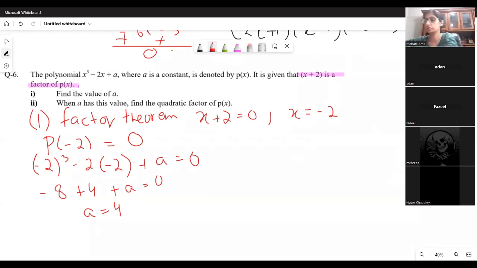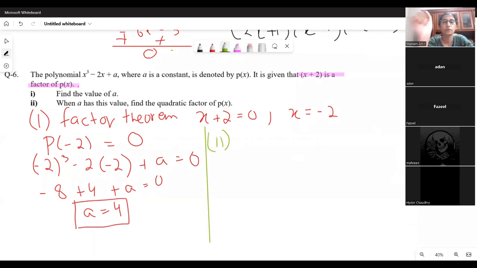a equals 4, yeah. Okay, part 2. When a has this value, find the quadratic factor of p(x).